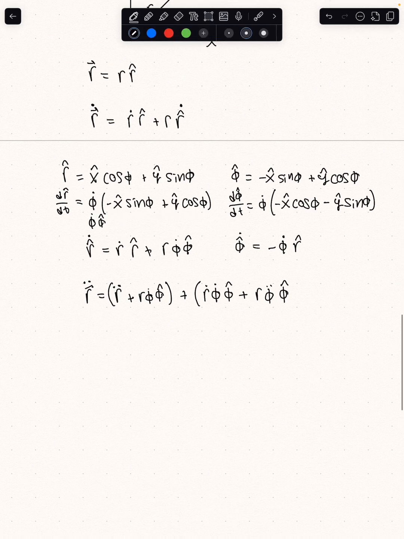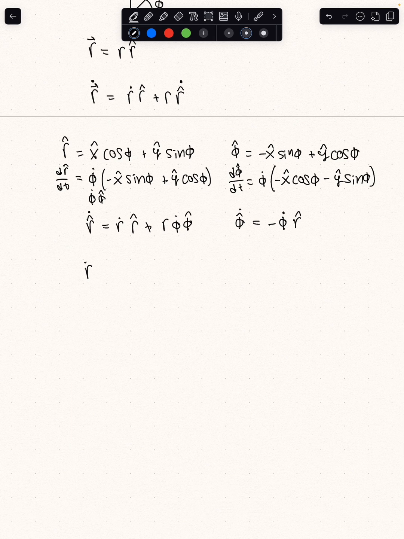Cool. So now finding our r double dot vector with everything we know now. The derivative of this gives r double dot r hat. Let's write that better. Plus now the derivative of this, r dot, and the derivative of r hat we found was phi dot phi hat.